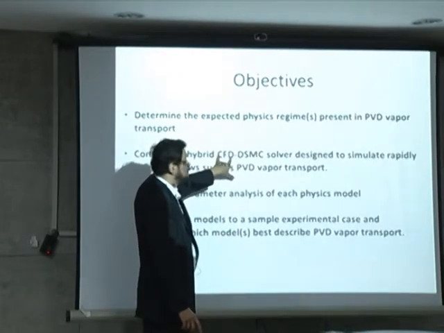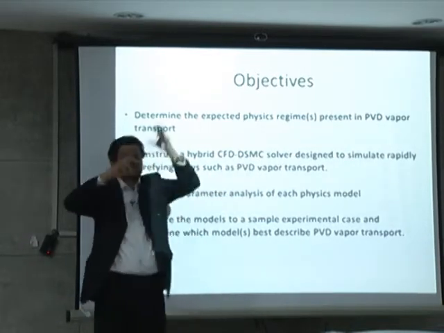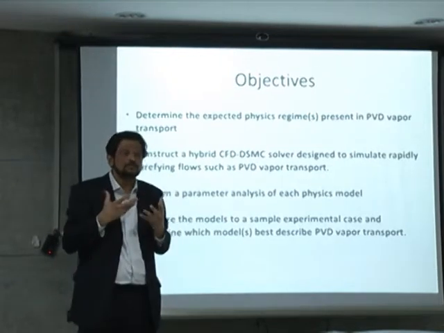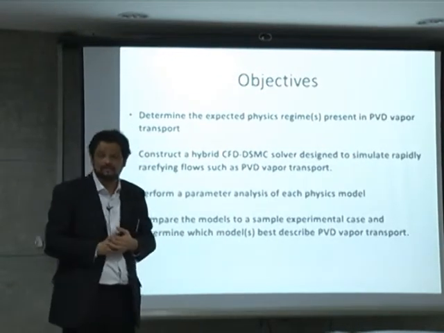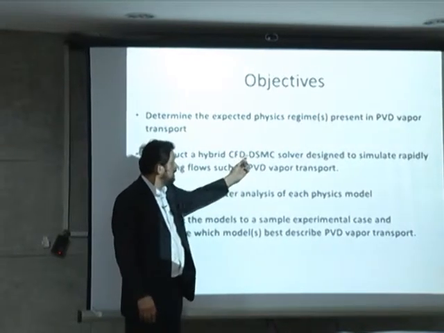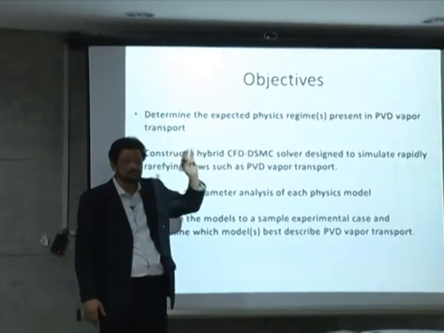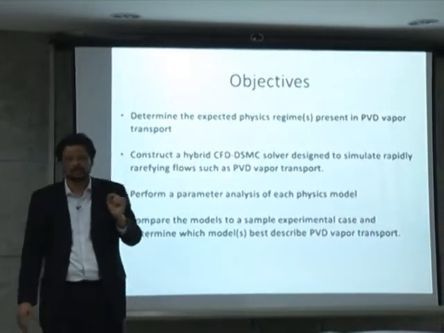This is a computational fluid dynamics model, but when the molecules separate out, you cannot use those Navier-Stokes equations that you may be familiar with. So you use something called the direct simulation Monte Carlo technique. That is DSMC, direct simulation Monte Carlo.